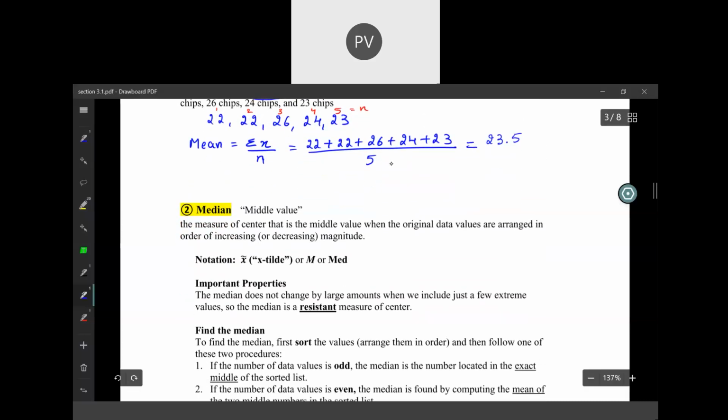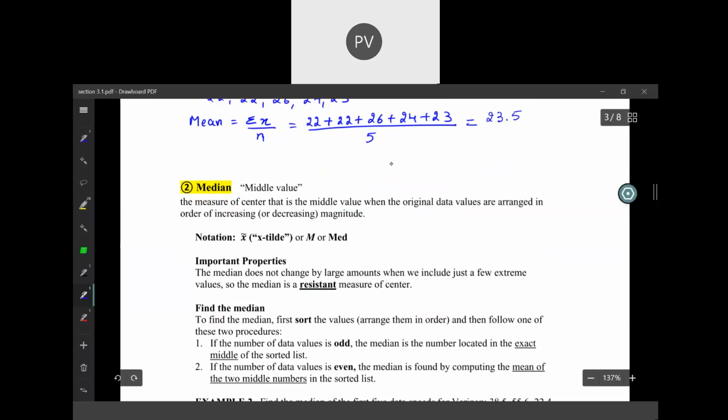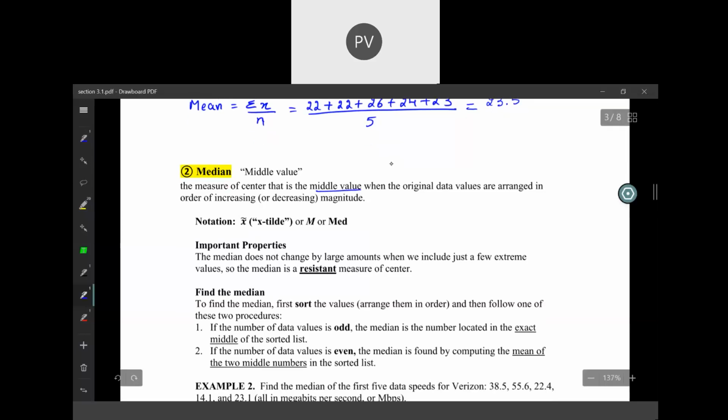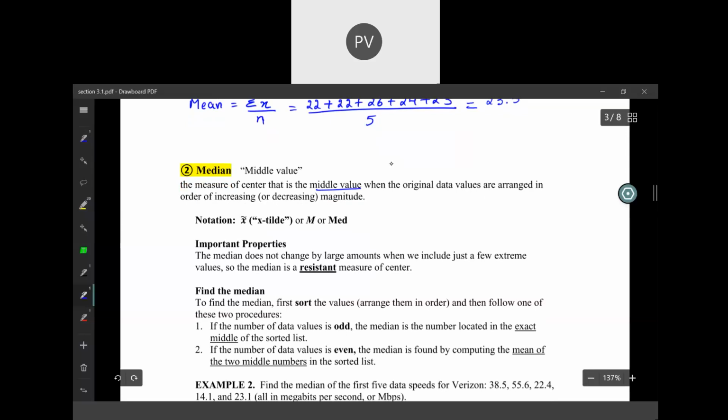Next is median. Median is simply the middle value of the data set. If you have raw data or any data set, the middle value of the data set is called the median. Very simple. And it is also denoted by x tilde.